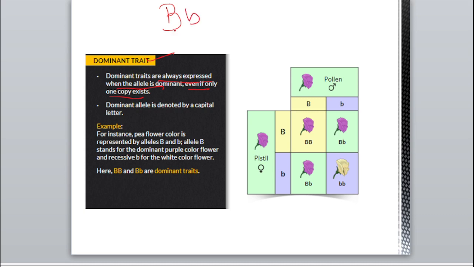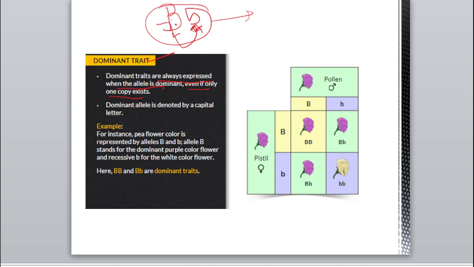Capital B represents purple color and small b represents white color. But when we see the flower, it shows the purple color. It means that capital B is dominant over small b.